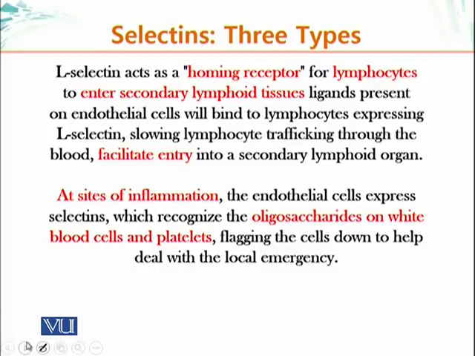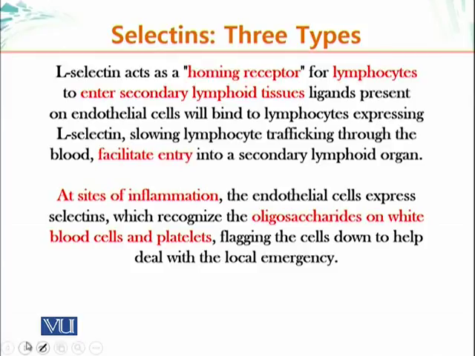Because the white blood cells have L-selectin, the ligand for the selectin, or the molecule which it sticks to, is present on endothelial cells, and these white blood cells will bind the endothelial cells in the secondary lymphoid organ.